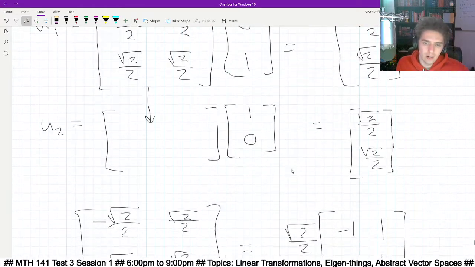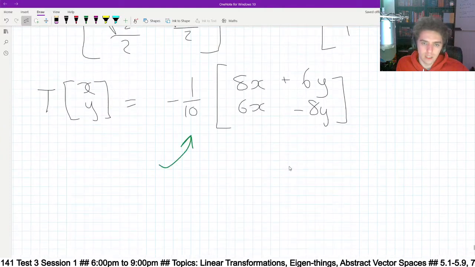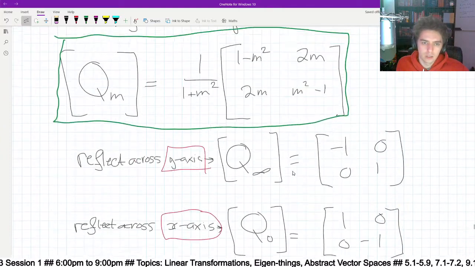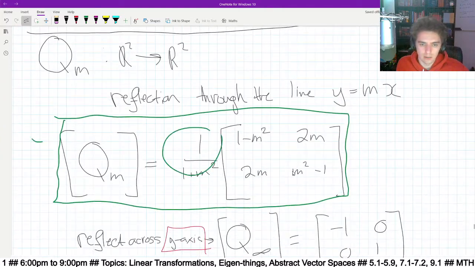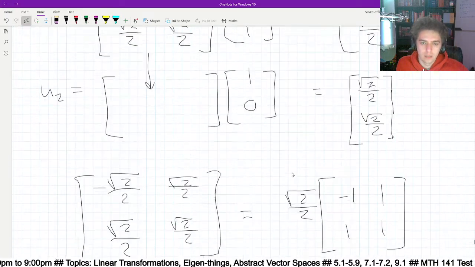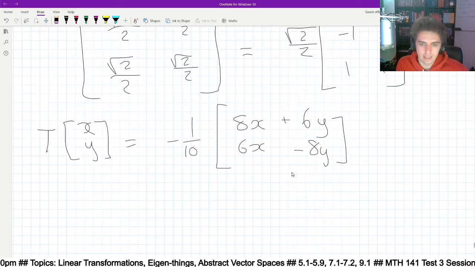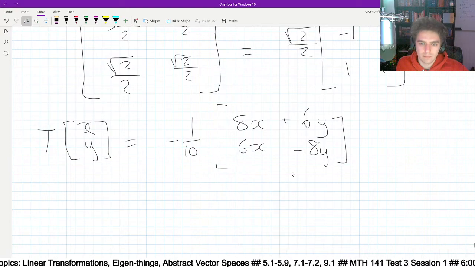And considering we have a thing in the front, it looks similar to the q because it also has a thing in the front, right? So I'm going to take a guess and say it's that.